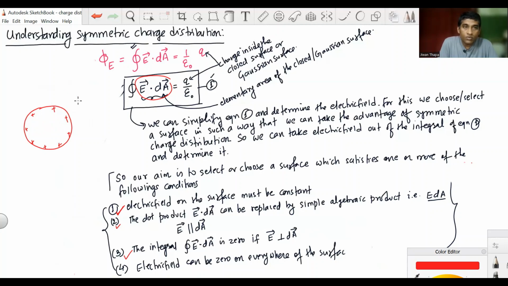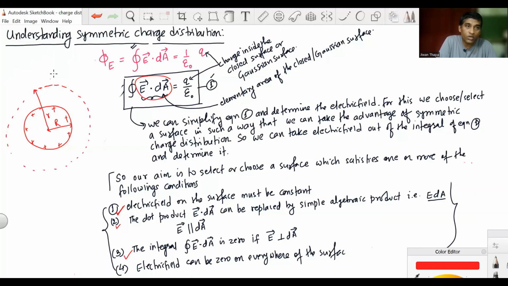Now, let R be the radius of the sphere. Since we have a sphere, we can select our Gaussian surface or closed surface to be a sphere. So let us draw a Gaussian surface, which is a sphere.